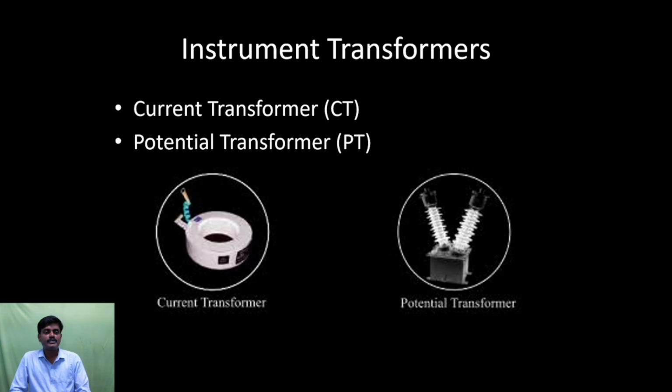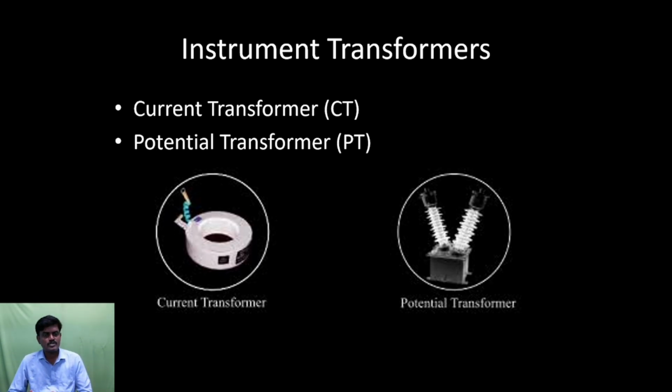Normally our voltmeter measures some 440 volt, 600 volt, like that. Beyond that level, the size of the instrument may increase. In order to measure 210 kilovolt or 110 kilovolt directly, the size of the instruments may increase. So in order to avoid that, we are using the transformers.